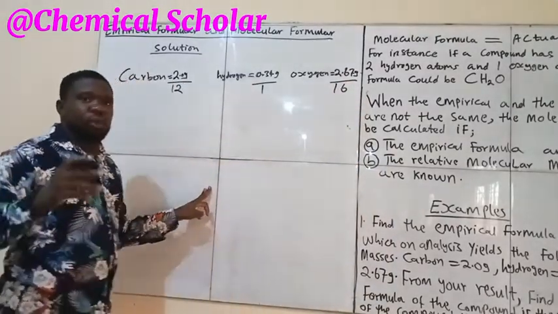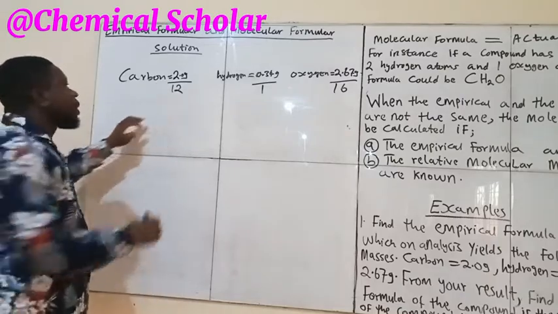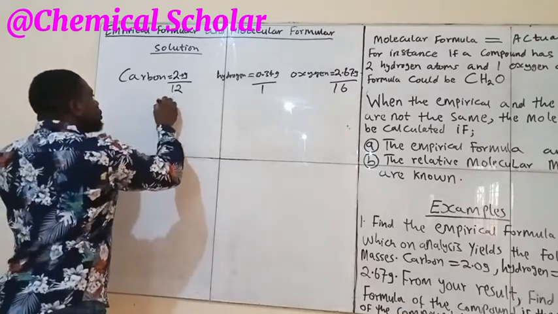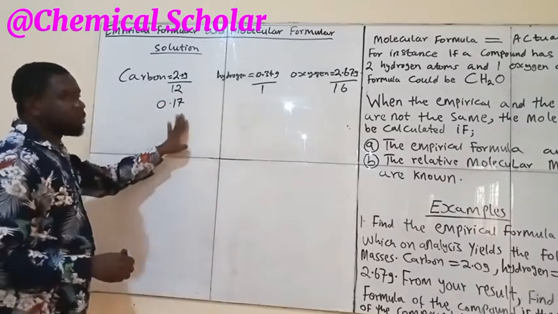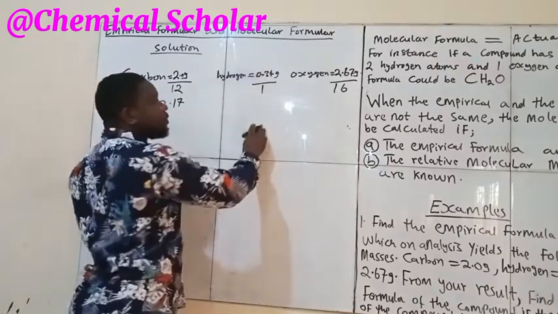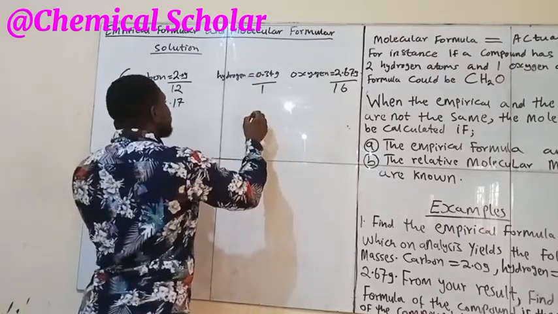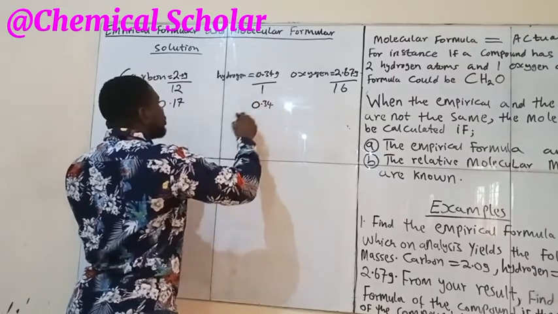Alright. So if we now divide these, 2 divided by 12 will give us 0.17 approximately. Okay, then if we divide 0.34 by 1, it will give us the same thing, which is 0.34.